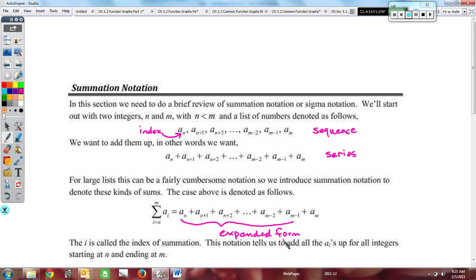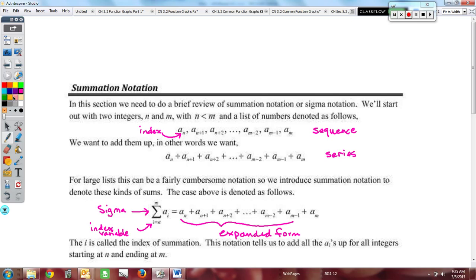So when we take a look at this, we're using the capital Greek letter sigma. So whenever you see this sigma notation, that means that we are doing a sum. The index variable, a lot of times, and especially what we're doing, we're going to be using I, but it can be any variable you want. So you identify an index variable, which is going to identify which terms you want to add together.